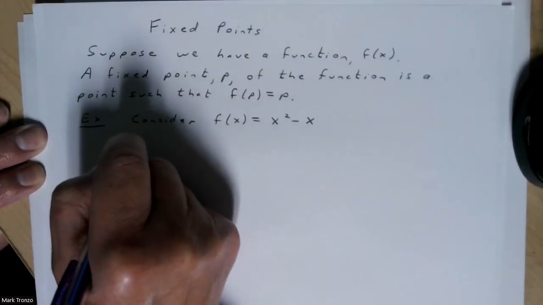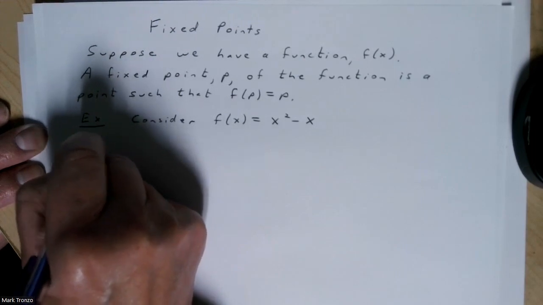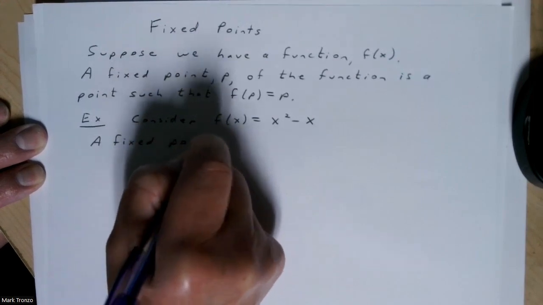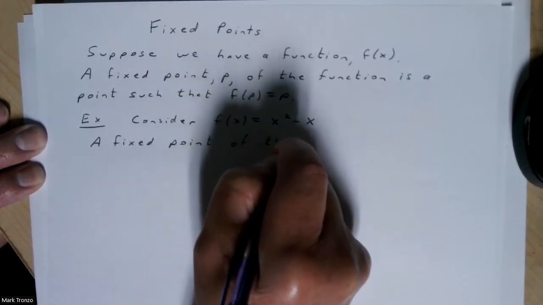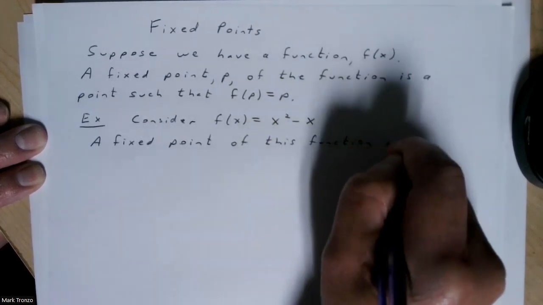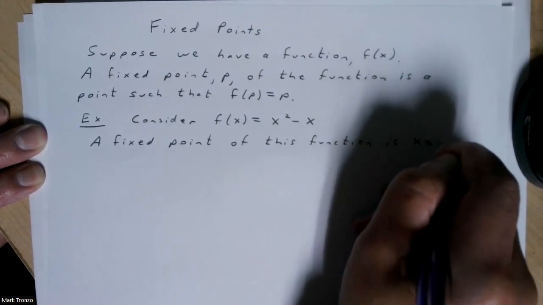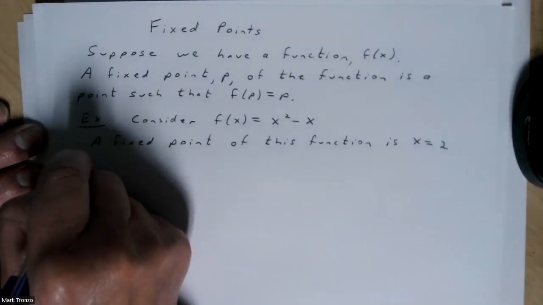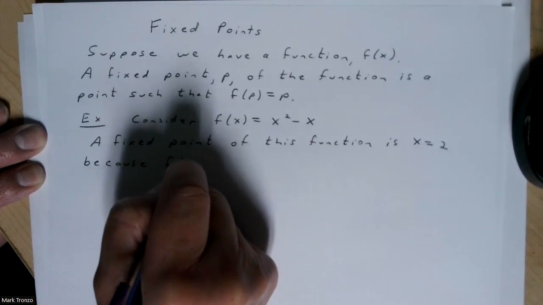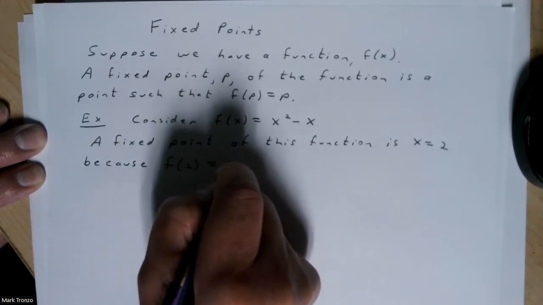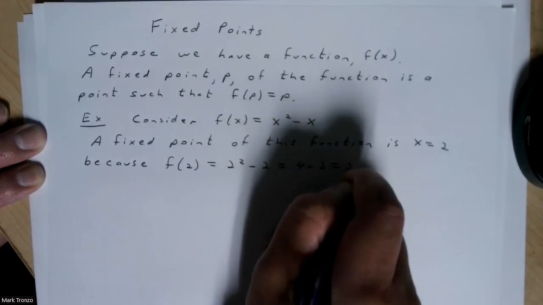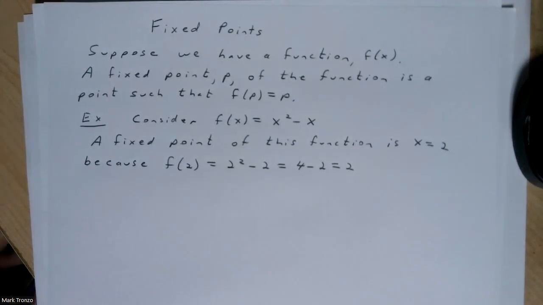Then a fixed point of this function is x equal to 2, because when we put 2 into the function, we get 2 back out.